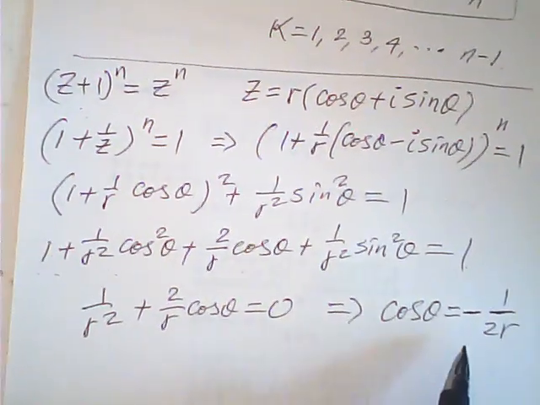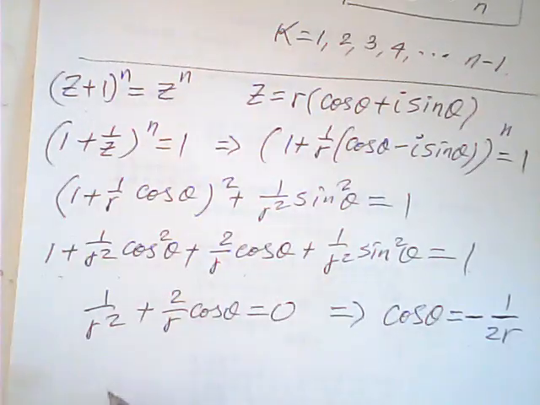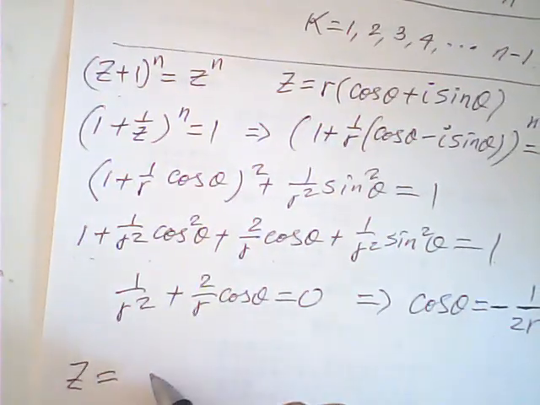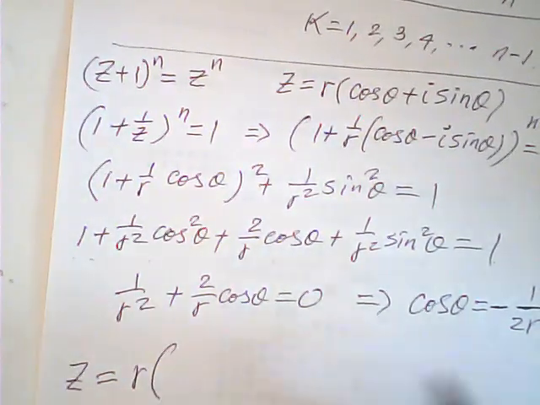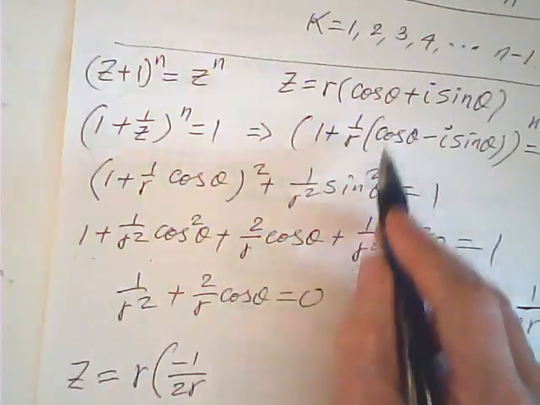Then we substitute this one over here. So z is equal to r times negative 1 over 2r. That's cosine theta, right?